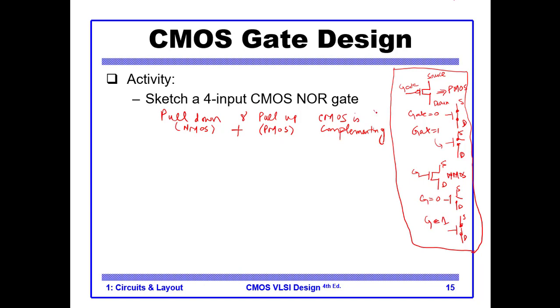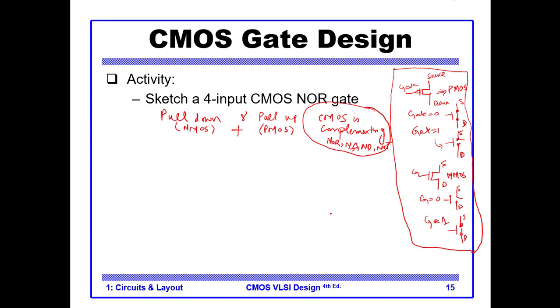What this means is that naturally you can build NOR gates, NAND gates, and NOT gate more easily than other gates. And let's start with the design of 4 input NOR gate.